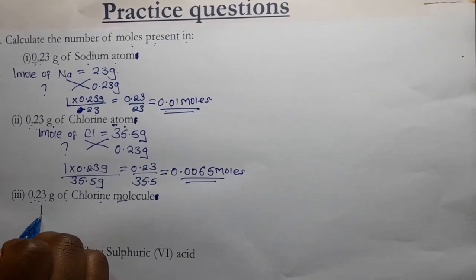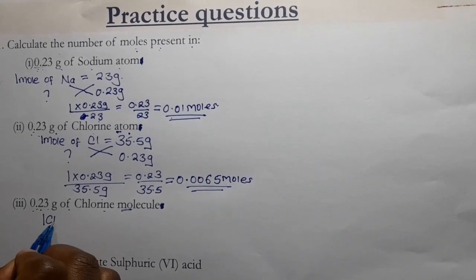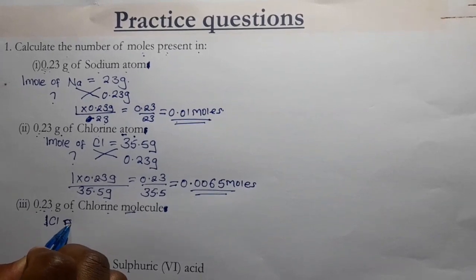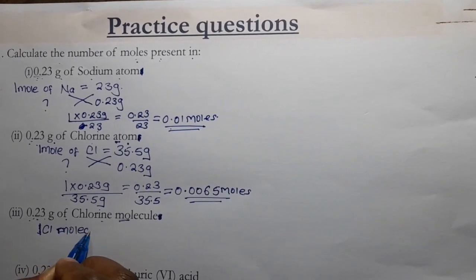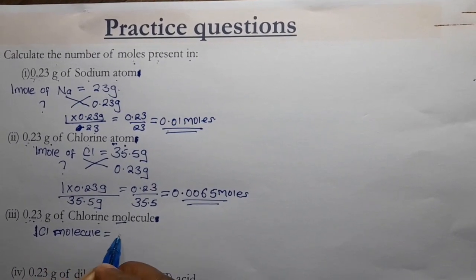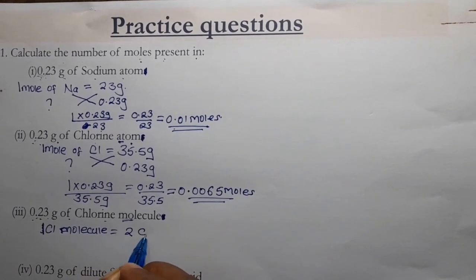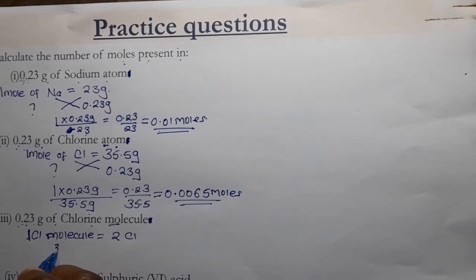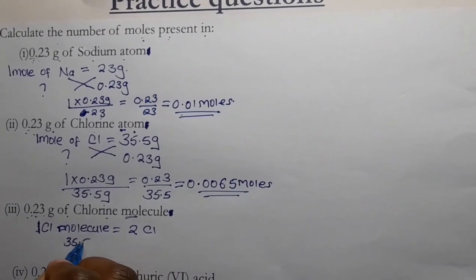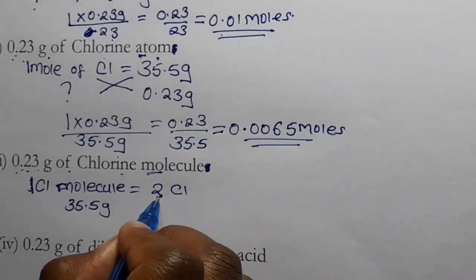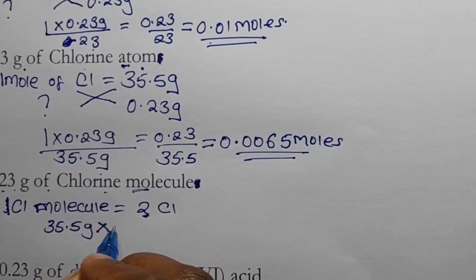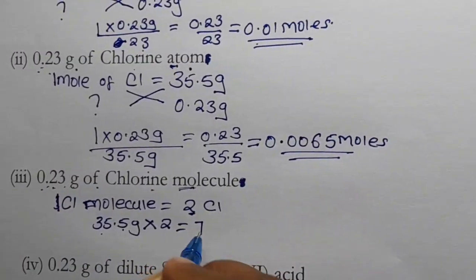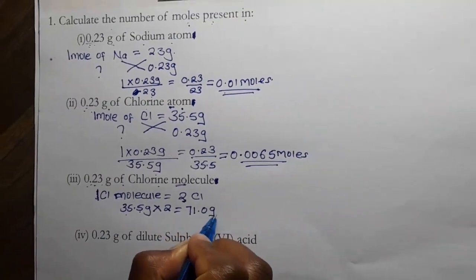So 1 chlorine molecule is equal to 2 chlorine atoms, and the mass of 1 chlorine atom is 35.5 grams. So now if they are 2, we have to multiply this by 2. So 35.5 multiplied by 2 will give us 71.0 grams.